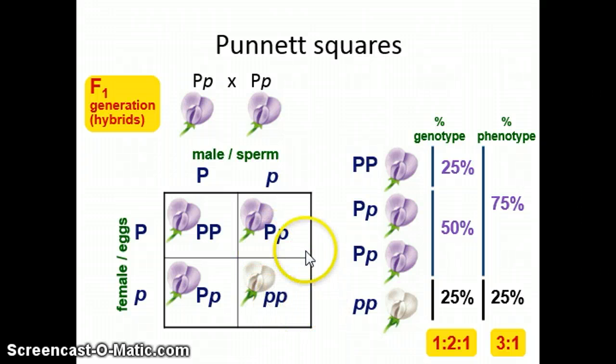What you end up seeing from this is that out of the 4 offspring you can get by combining these two sets of alleles, we end up with this ratio. Again, this is our common 3-to-1 phenotype: 75% purple versus 25% white. But when we look at the genotype, we see something different.